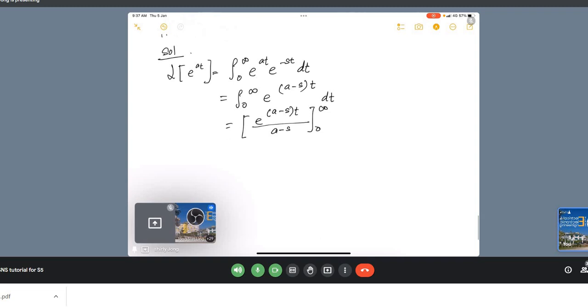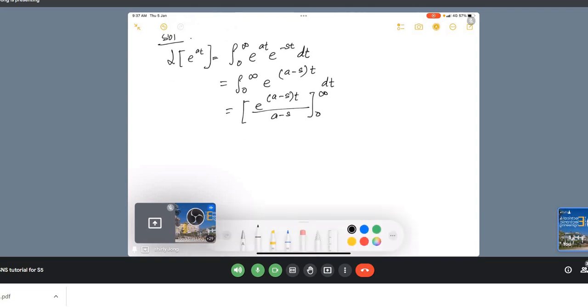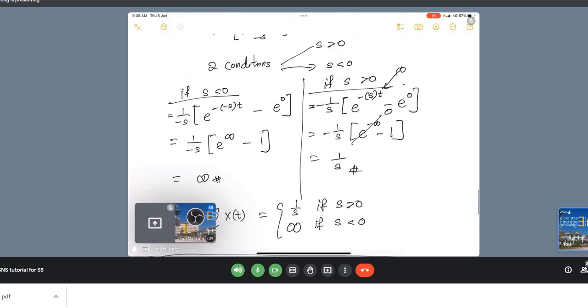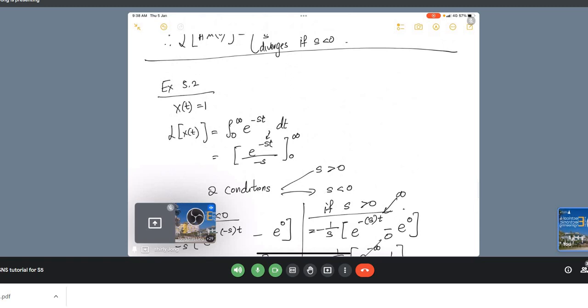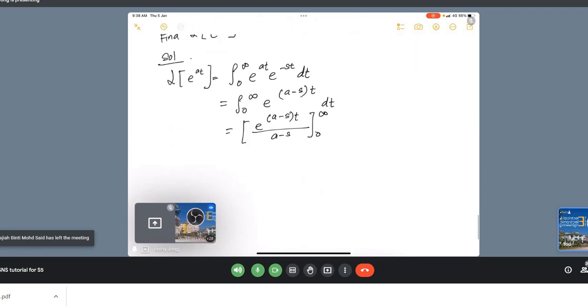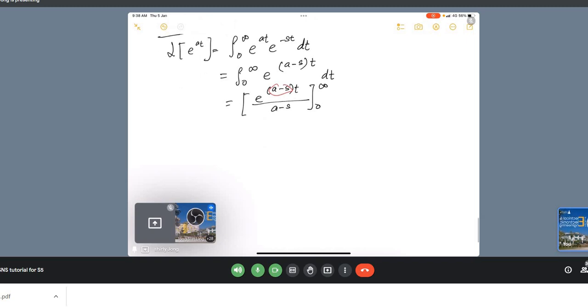If you look here, class, it's a minus s. Just now, it was just s only, right? But the current question is a minus s. So you have to follow the question.